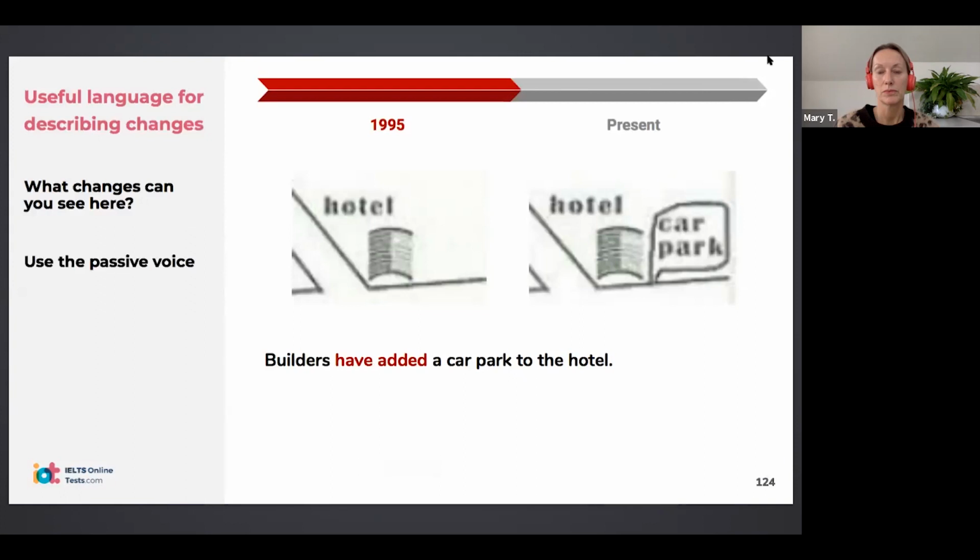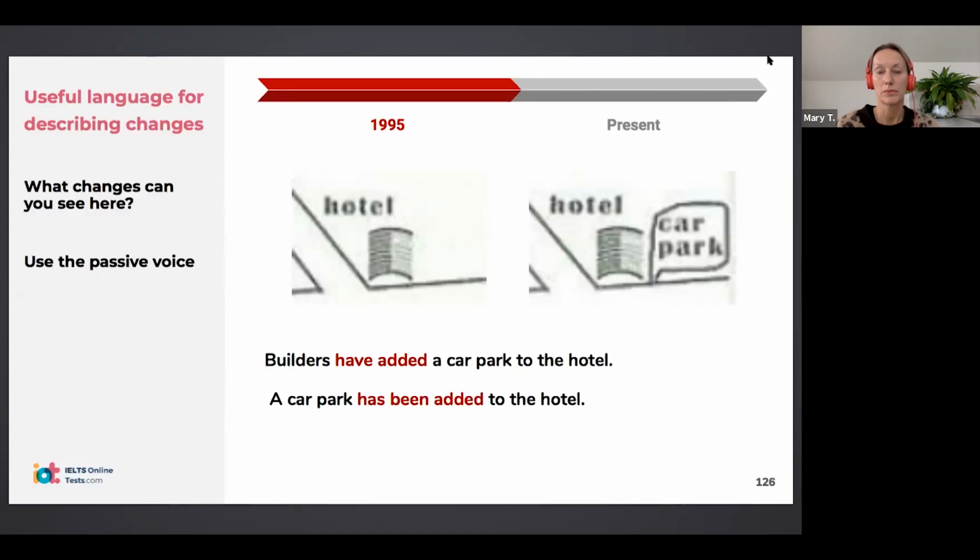All right, so looking at how you can change that into the passive, how would you do that? Car park was built, think about the tense. I'm just laughing at some of your comments. Car park has been added. Okay, let's have a look. A car park, not had, has, that's right.